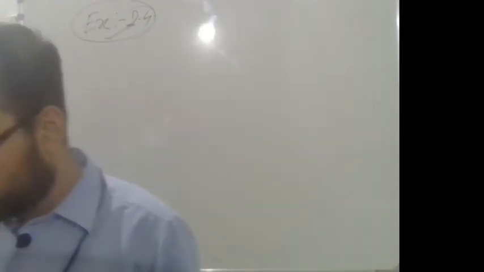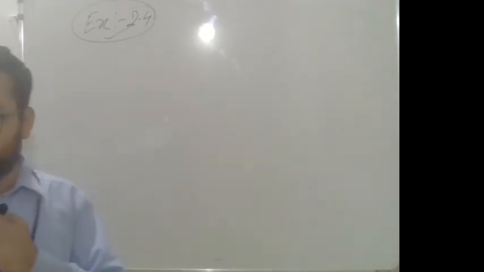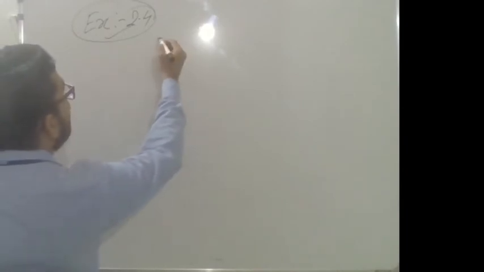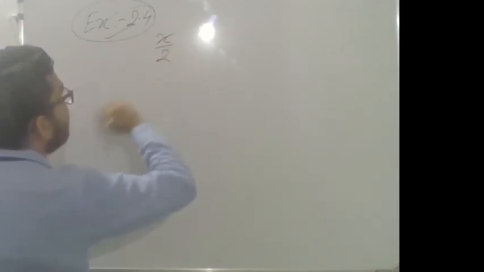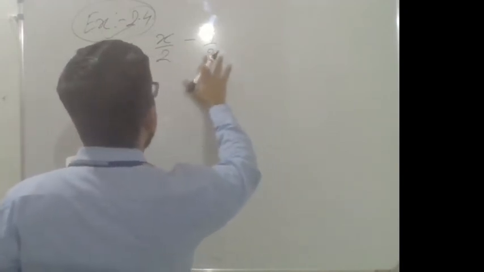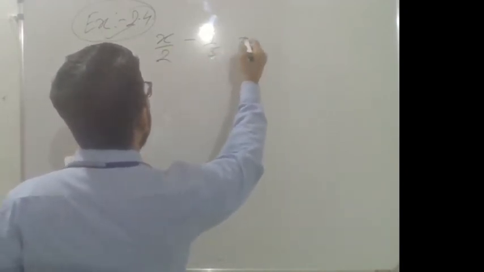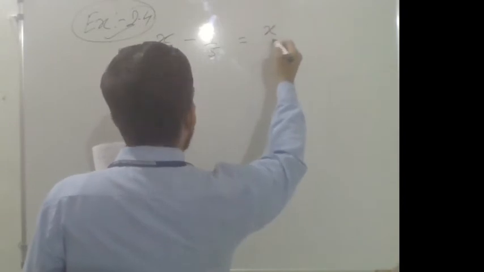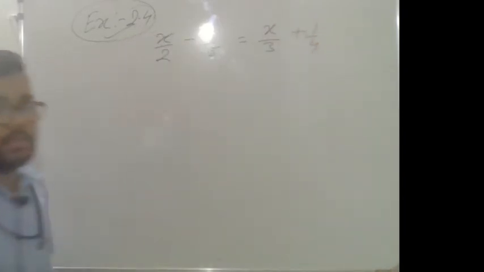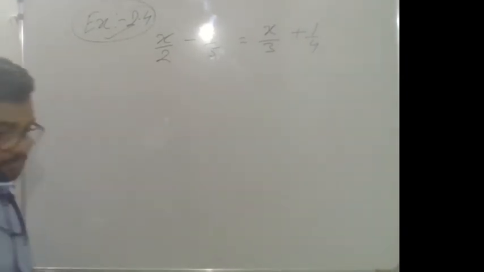Now another type of question we are asked in the next exercise: x upon 2 minus 1 upon 5 is equal to x upon 3 plus 1 upon 4. This is also another example.